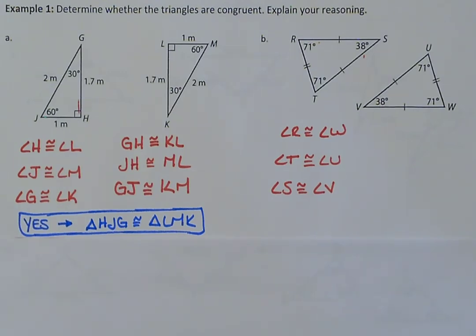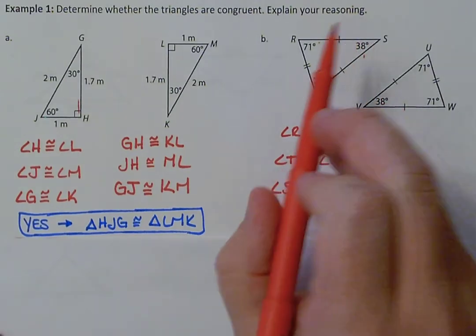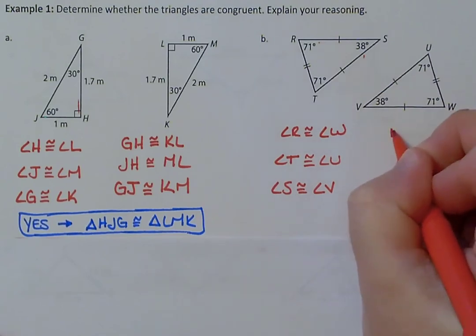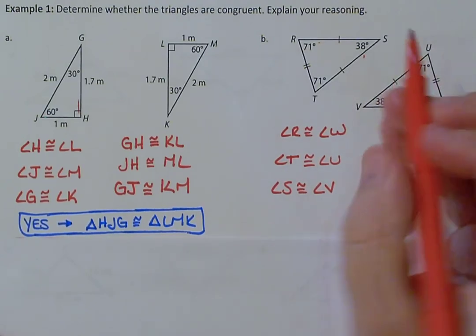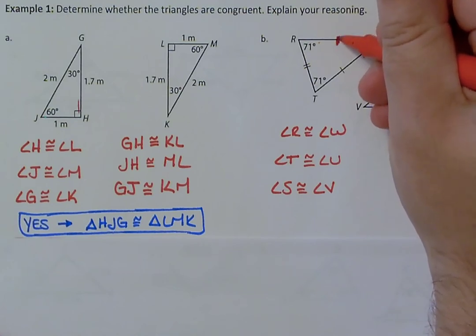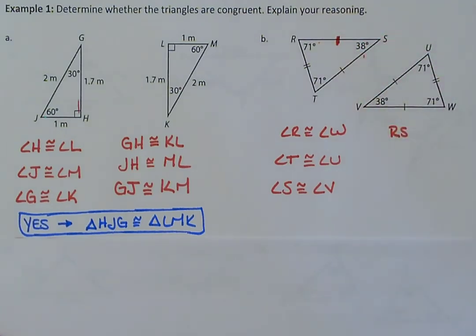Alright, so I've successfully gone through and found my matching angles. I now have to go through and determine if I can find my matching side lengths. So first, let's take a look at RS right here. They don't tell me the actual side measure, but they tell me with this tick mark what the matching part needs to look like.